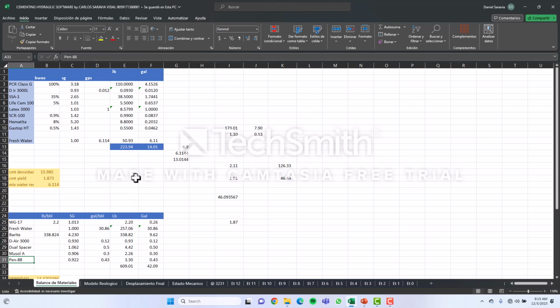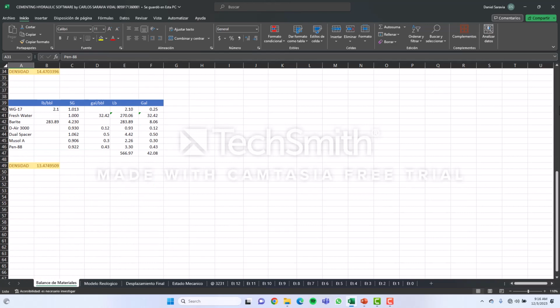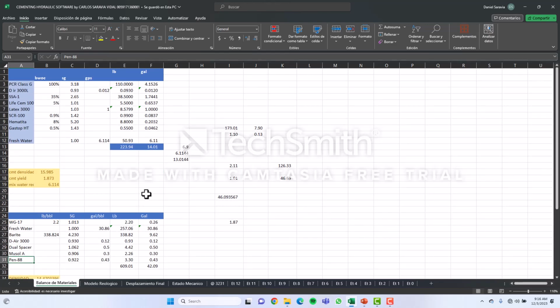Also the spacers, if we are going to use mechanical spacers combined with chemical spacers, how many barrels, what density, what rheology, this is very important for our cementing operations. And finally, the drilling mud that is going to be used, and the final fluid displacement. Everything is in this spreadsheet, how we are going to calculate, okay?